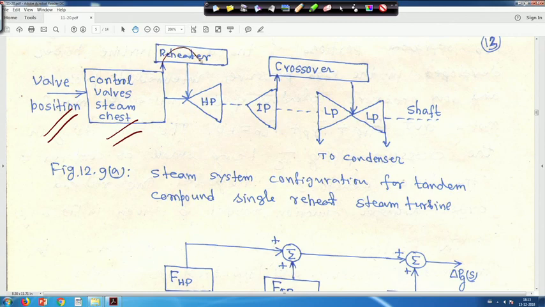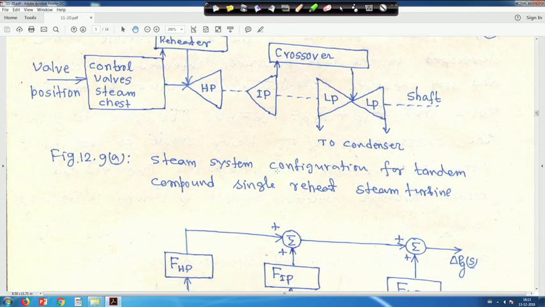Then the reheater is there, then the high pressure cylinder, then the intermediate pressure cylinder IP, and then the low pressure LP, right. This is the crossover, this is the shaft, and from here it goes to the condenser, right. So, everywhere steam flows from one part to another, some delay is associated with it, right. This steam system is called a tandem compound single reheat steam turbine, right.